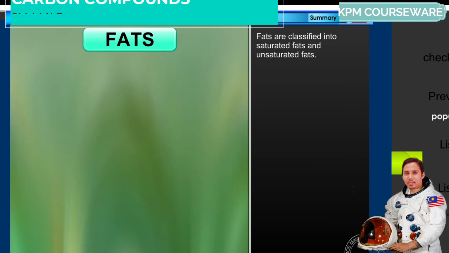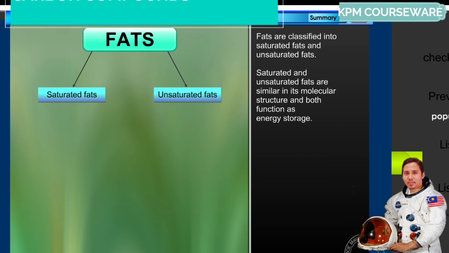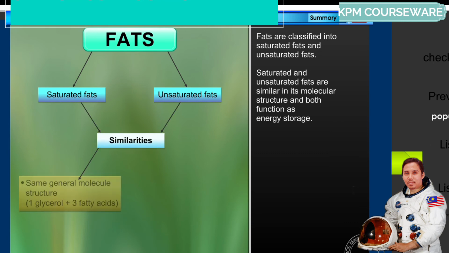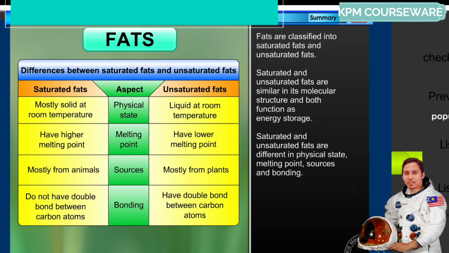Fats are classified into saturated fats and unsaturated fats. Saturated and unsaturated fats are similar in their molecular structure and both function as energy storage. Saturated and unsaturated fats are different in physical state, melting point, sources, and bonding.